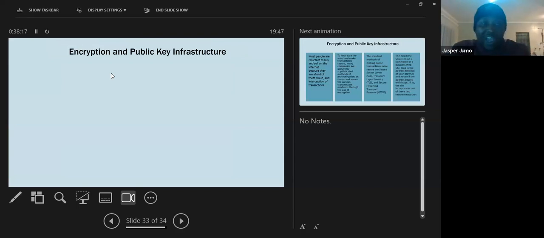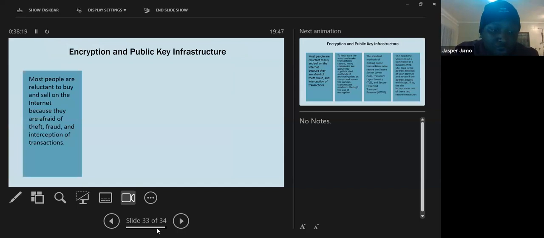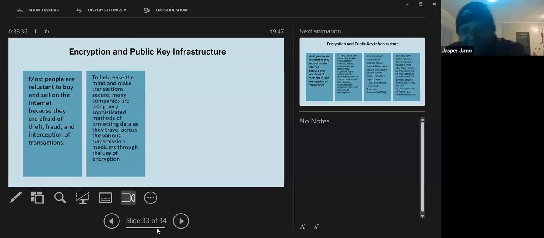It also helps to protect information systems from vulnerabilities, so that the information of the company does not leak. Now let's look at what is called encryption and public key infrastructure.